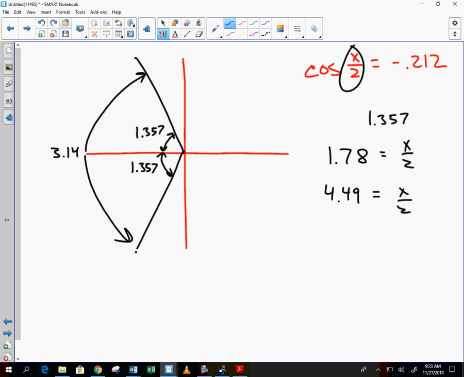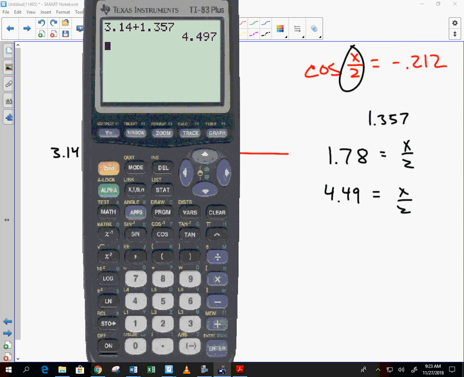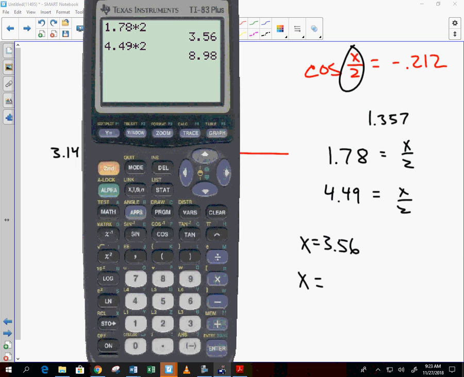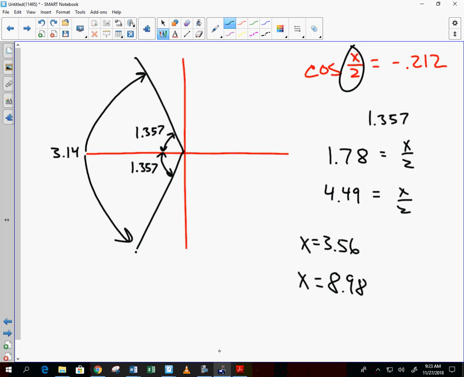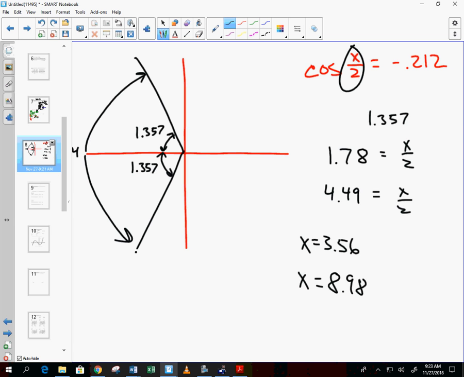Multiply by 2. We've kind of lost our rounding here, and hopefully we'll be good enough. I take 1.78 and I multiply by 2. I get 3.56. And if I take 4.49 and I multiply by 2, I get 8.98. So those are the two values that should work.